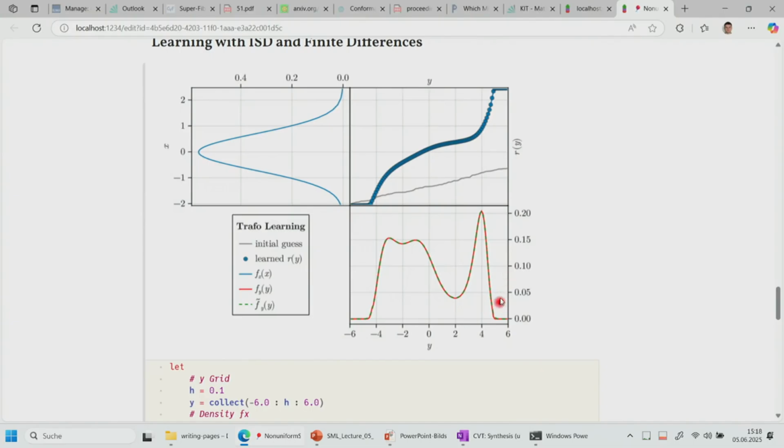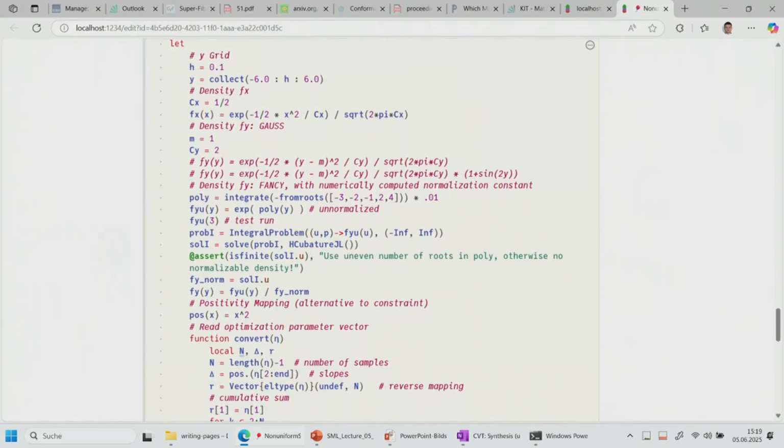And you can play around with this a bit. You can just select different densities. We also have some examples here that you can just uncomment and then, for example, this times a sine function. In fact, I can try to run this. So what do I have to comment out?